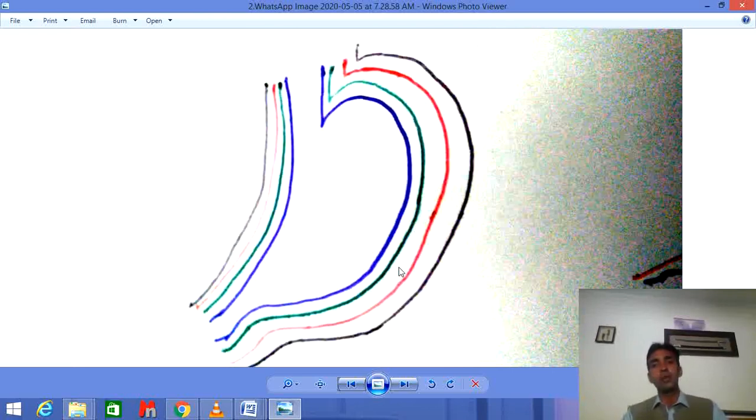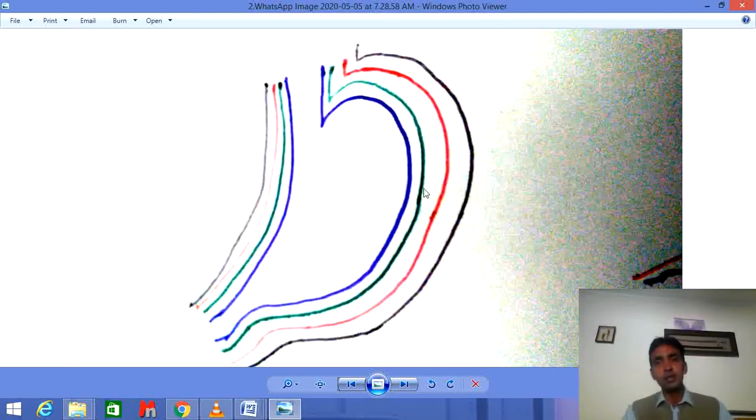Submucosa accommodates the network of capillaries, blood vessels, lymphatic vessels, and neuronal supply. The neuronal network, the blood vessel network, and the lymphatic vessel network are present in this layer.